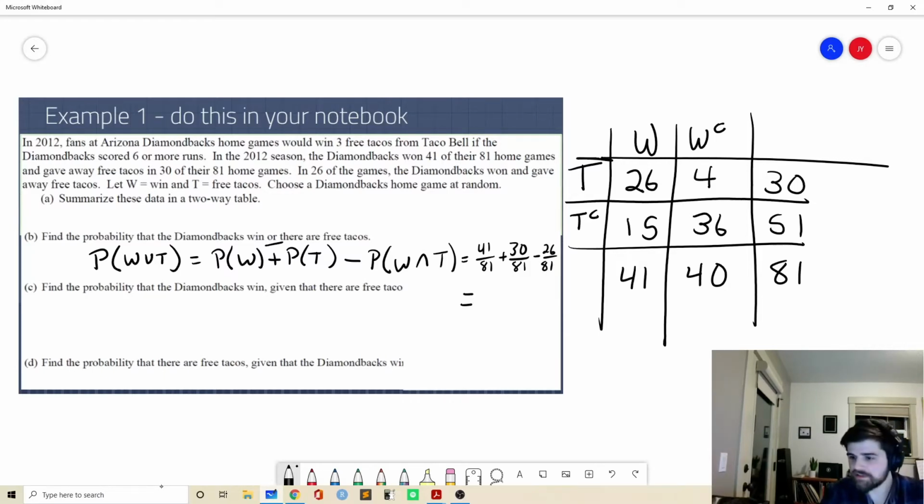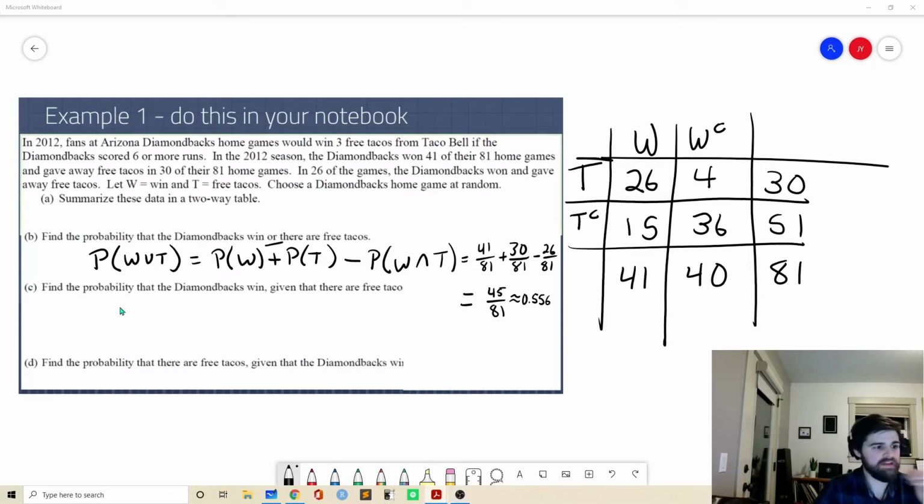All right, so that's going to be 45 over 81, which, according to my answer key, is about 55%, about 0.556. All right, so about 56% of the time, we either won the game or got free tacos, which sounds like a good day at the ballpark either way.